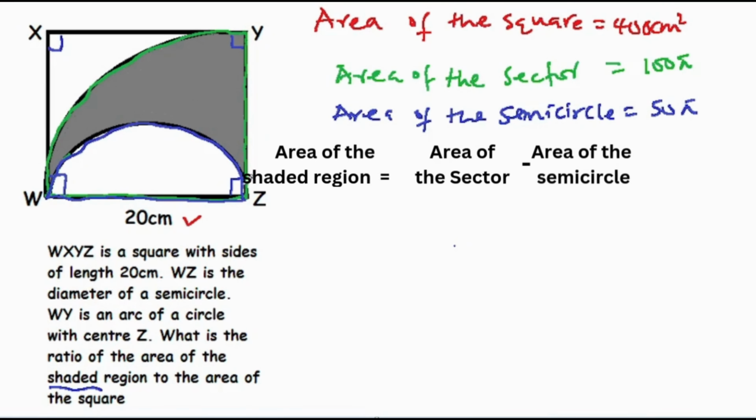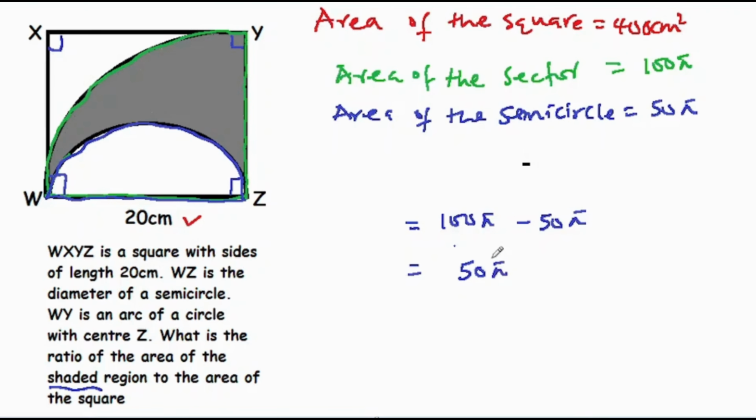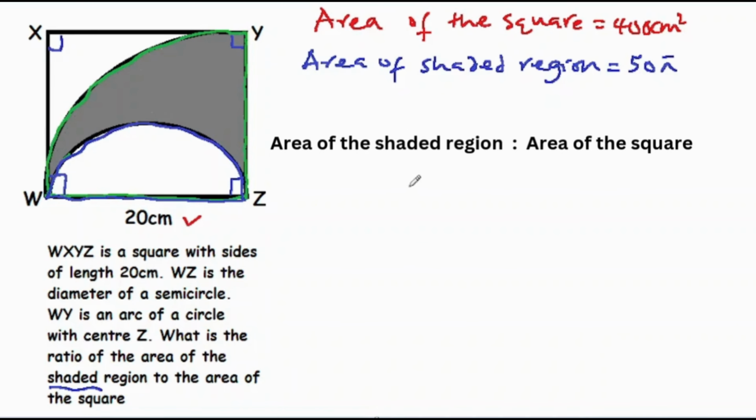So we proceed to finding the area of the shaded region, which is the area of the sector minus the area of the semicircle. So that's going to be 100 pi minus 50 pi, and that is going to give us 50 pi. So what's now the ratio of the area of the shaded region to the area of the square?